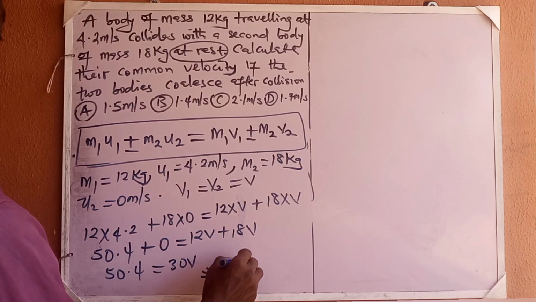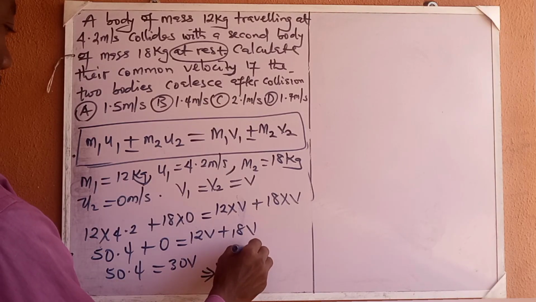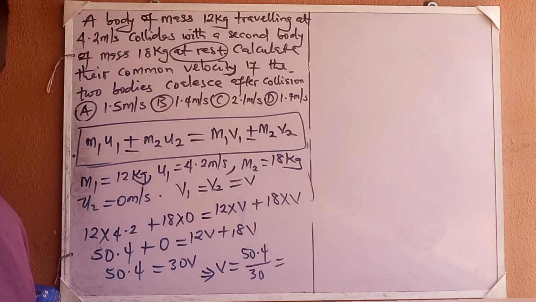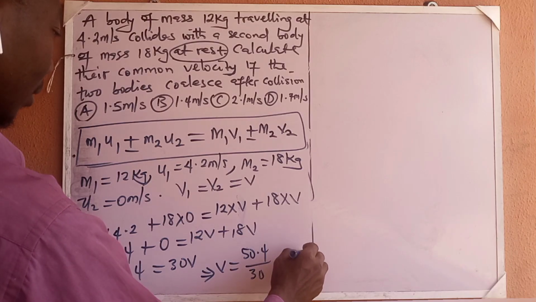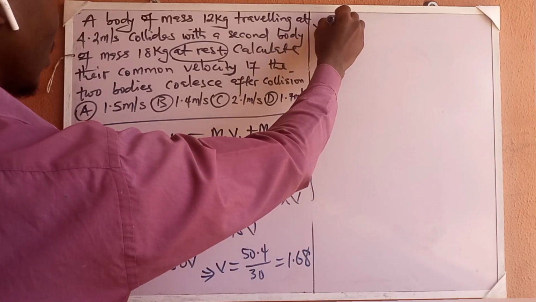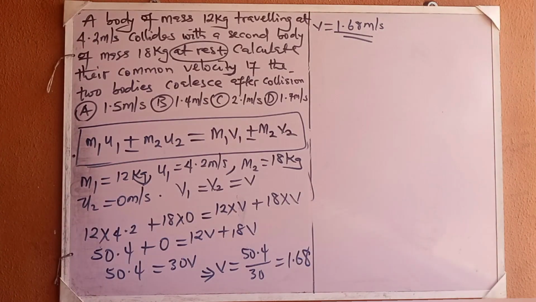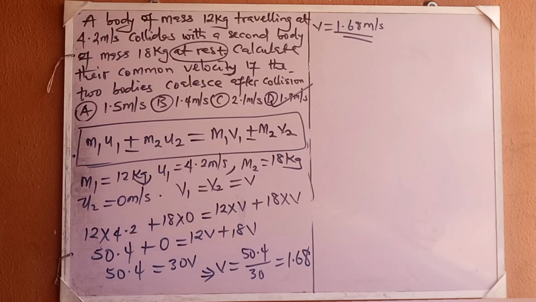Therefore, if you make V the subject of the formula, it's going to be 50.4 divided by 30, and that is 1.68. So our V equals 1.68 meters per second. So that's their common velocity, 1.68, and that is option D, 1.7 to one decimal place.